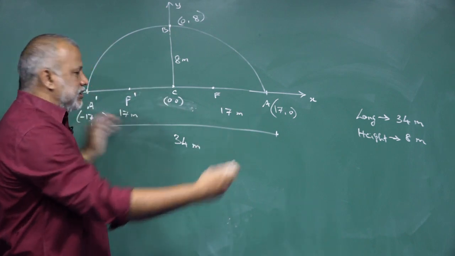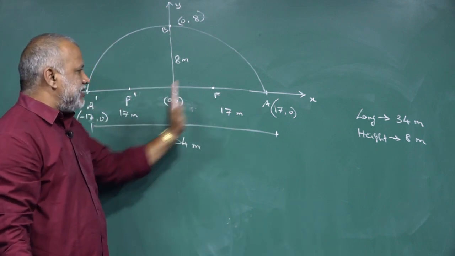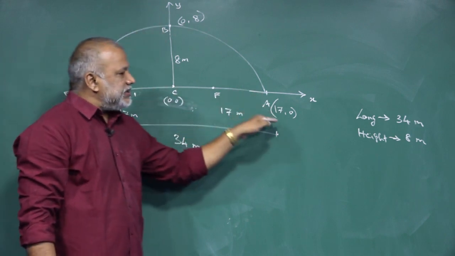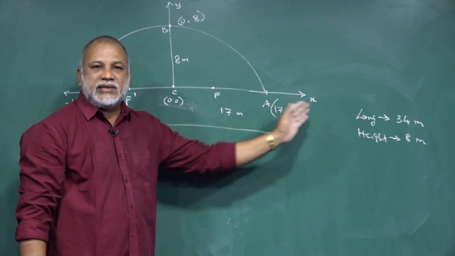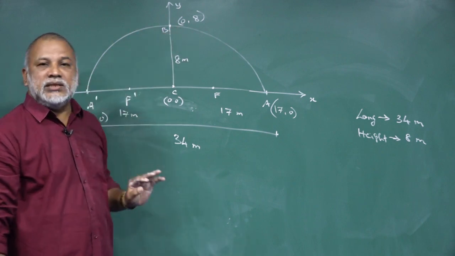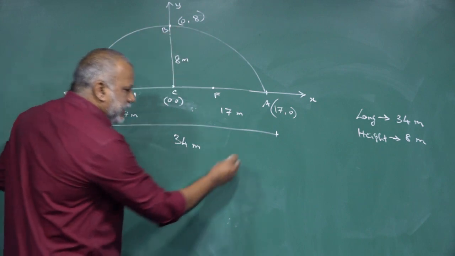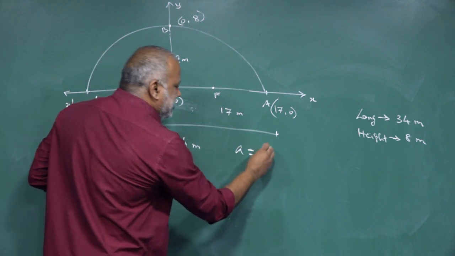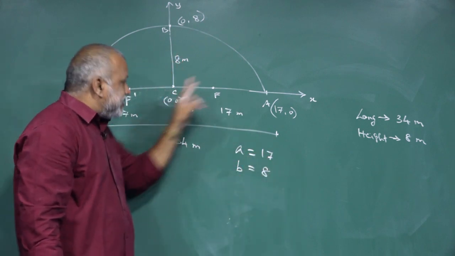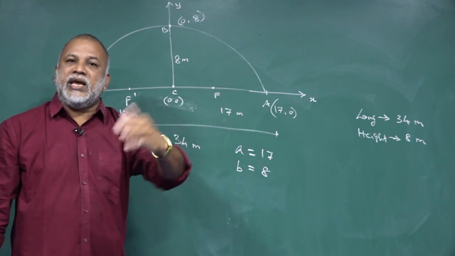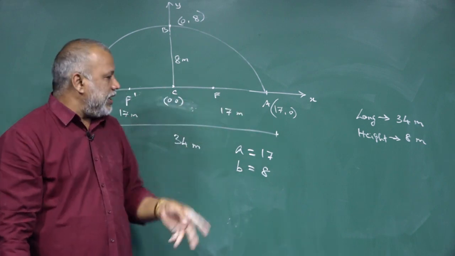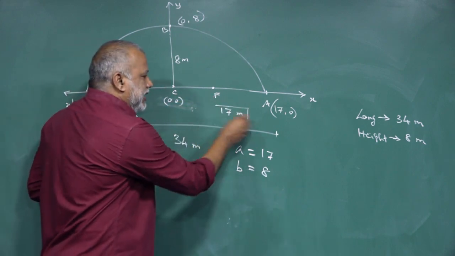So 34 is considered as 17 on each side from the center, and the height is 8. So A is (17, 0), and the point B is (0, 8). From this diagram we take a equal to 17, b equal to 8. What is the reason? From the center, CA, we already know that AA dash equals 2a, the length of the major axis. Here CA is half of its value, so I am taking 17 meters as a.